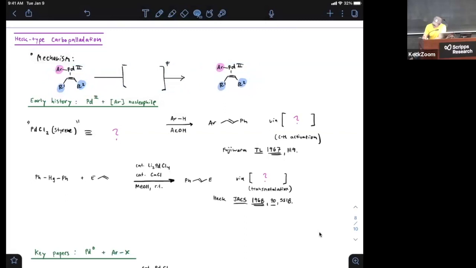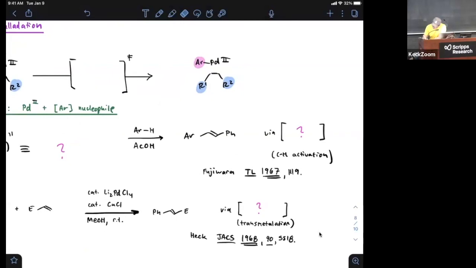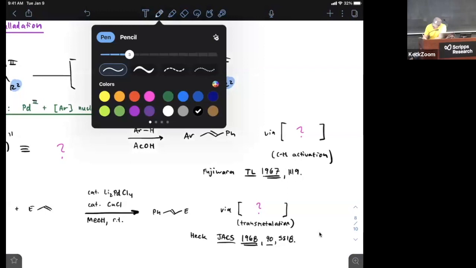In the transition state, you would have weakening of the aryl-palladium bond. Also the double bond, so it's like a four-membered ring. Okay.